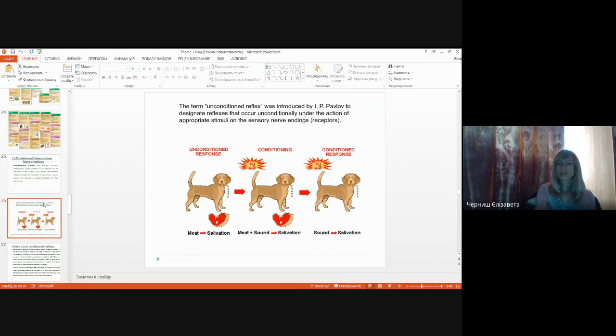He studied a lot of unconditional and conditional reflexes and introduced the definition of reflexes that occur unconditionally under the action of appropriate stimuli on the sensory nerve endings and receptors.